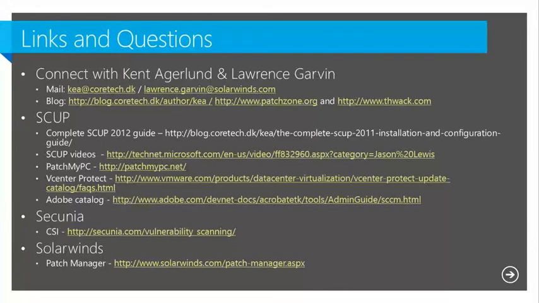There is a link up here, a complete SCUP guide. I believe that the information is in there. Otherwise, it's a pretty well-known solution. It's not supported, but it works. So it's a pretty well-known workaround. But you can come up here after, and I will be happy to give you a link.